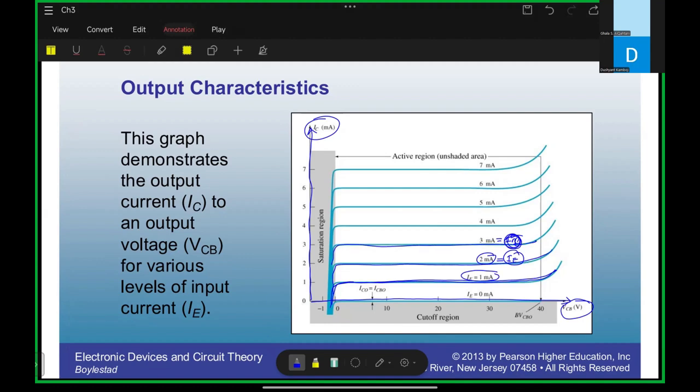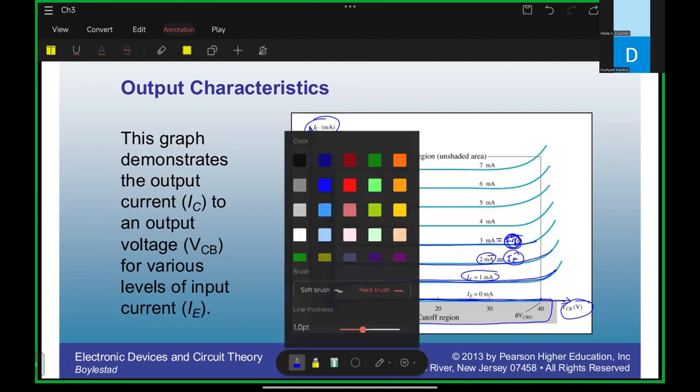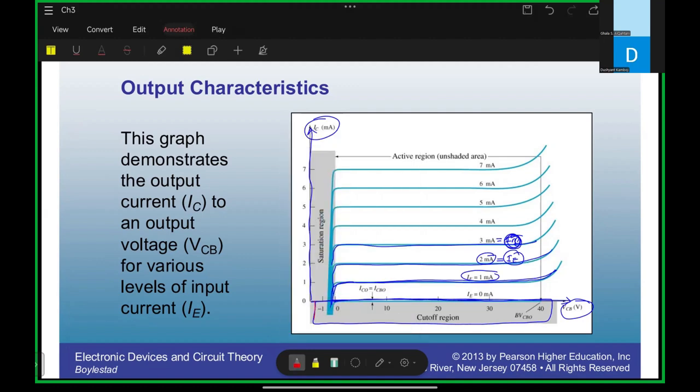Inside these characteristics, always remember there are three regions. The first region is when your IC current is zero. That is the cutoff region, the red one, because inside the cutoff region both the junctions are reverse biased.